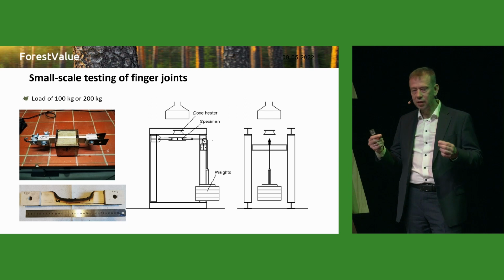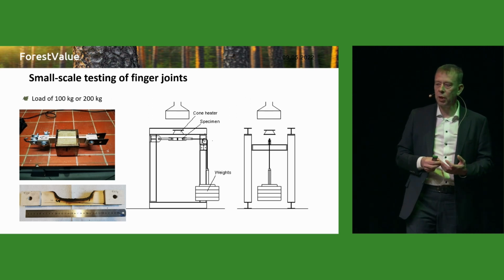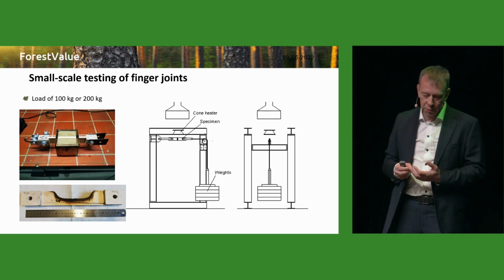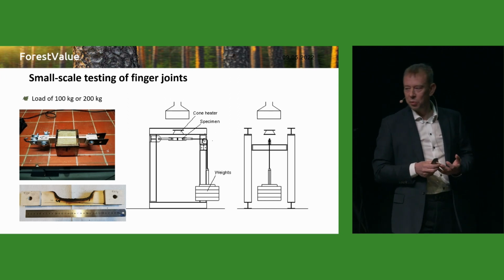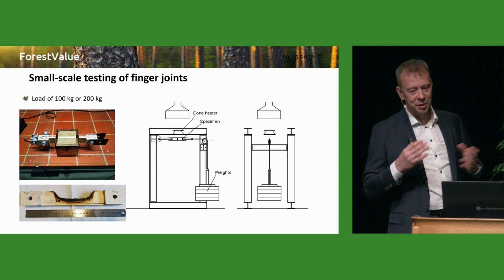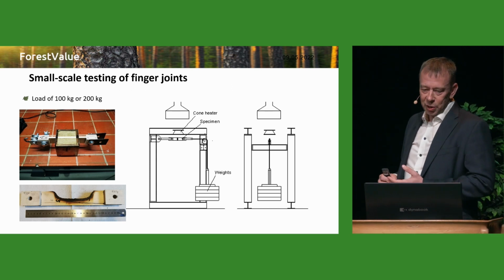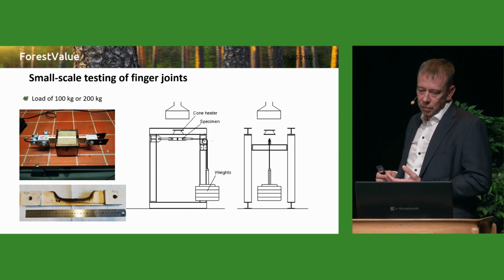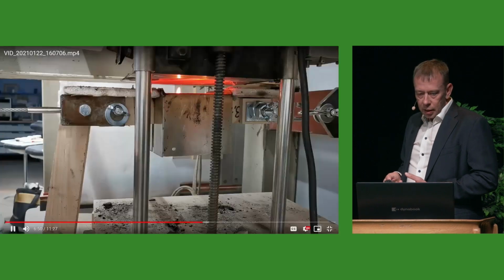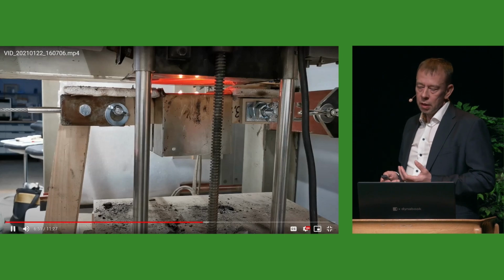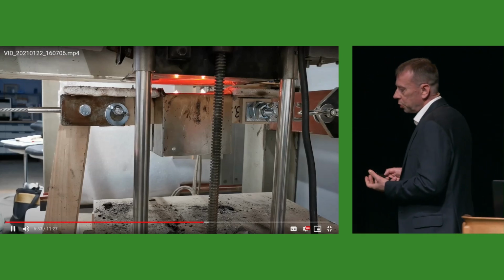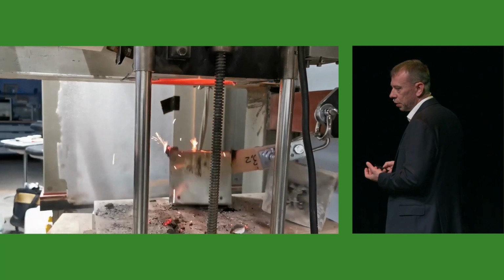And then we had a static tension load. We tried 100 kilograms, 200 kilograms. There will not be a quiz afterwards, but just to get some kind of rough estimation. And then we measured the time to failure, and we observed the failure mode. Here you have some.